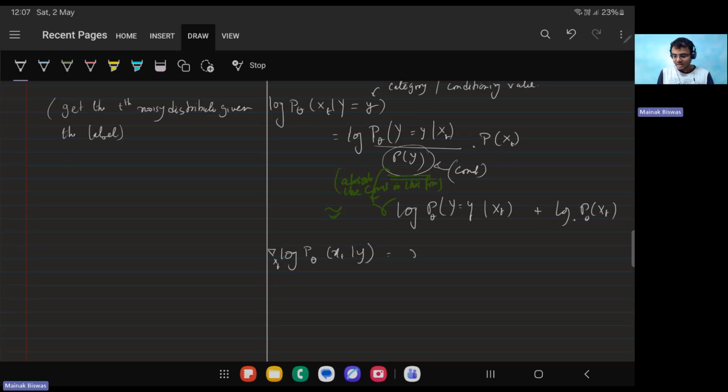this is equal to the gradient over xt of log of p theta of y equal to y given xt plus the gradient of xt log of p of xt.